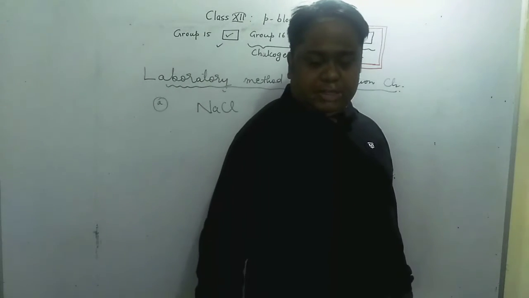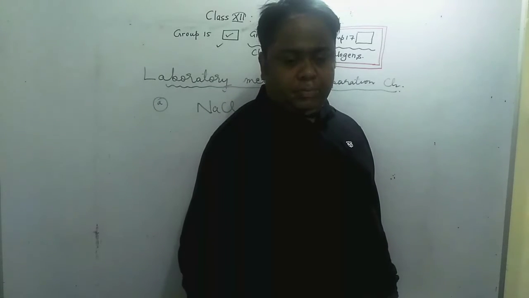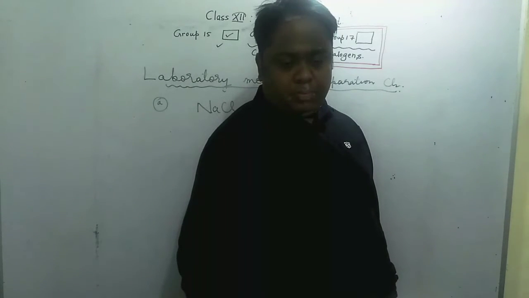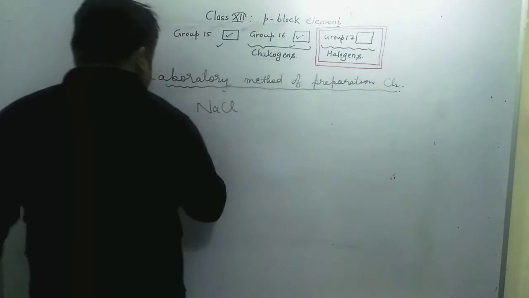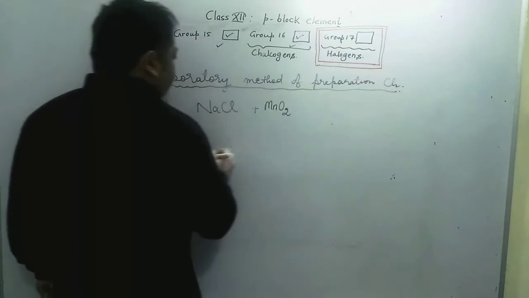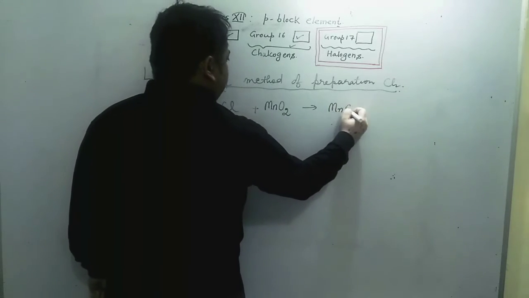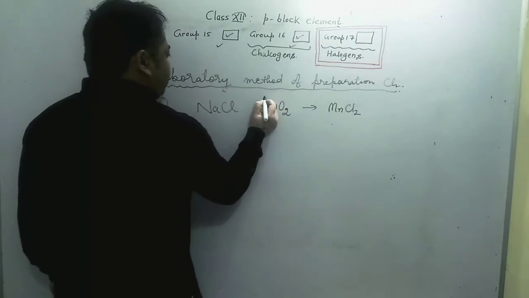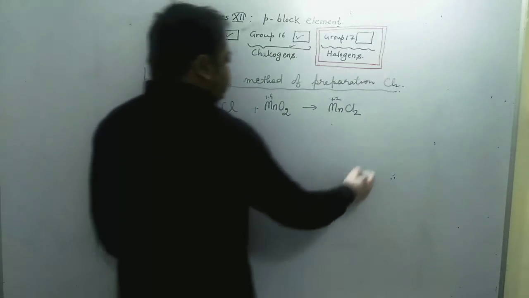We will treat it with an oxidizing agent, KMnO4 or MnO2. What will it form? It will form MnCl2. MnO2 will reduce from +4 oxidation state to +2 oxidation state. Chlorine gas will come out.